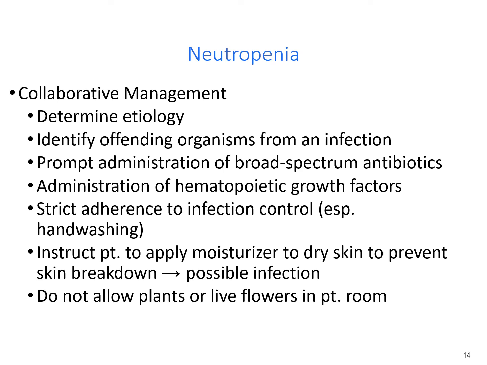So collaborative management for sure. You're determining the etiology. You're identifying the offending organisms. You're giving the administration of broad spectrum antibiotics as quickly as possible. You're giving any blood products early on if needed. That's going to be helpful to help your patient do better.